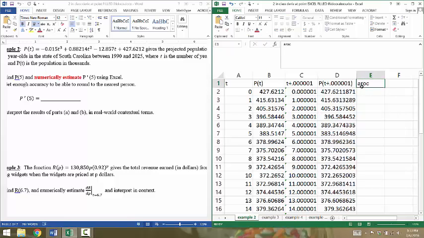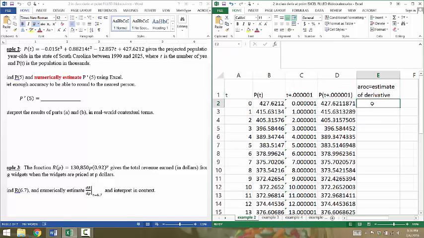Next, I find the average rate of change. Our average rate of change will be a good estimate of the instantaneous rate of change. And that means this average rate of change will be a good estimate of the derivative. To find this average rate of change, which is the estimate of the derivative, I do change in y over change in x, so equals, in parentheses, y2 minus y1 divided by, in parentheses, x2 minus x1, and I drag it down.